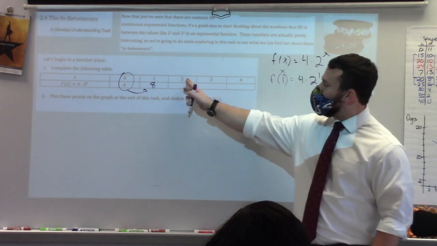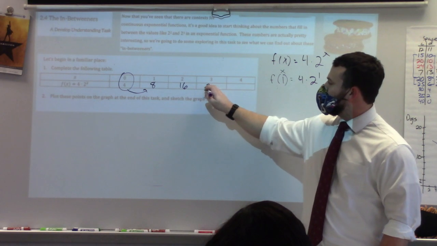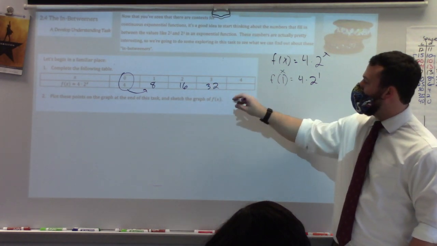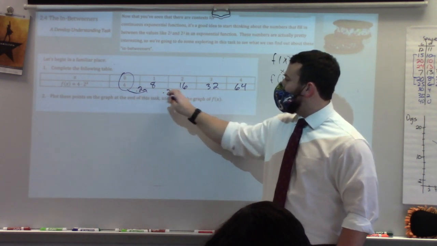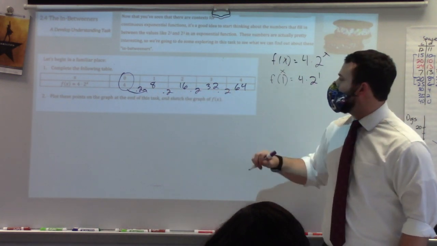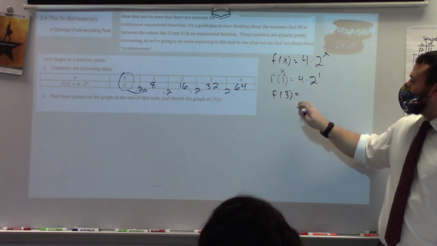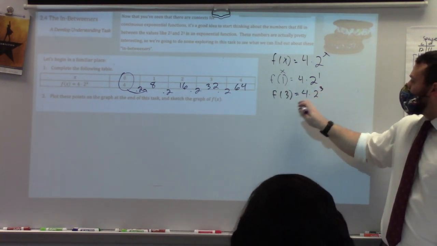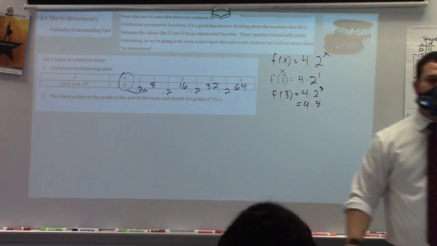So what's f of 2 going to be? 16. f of 3? 32. f of 4? So we should see this idea of repeatedly multiplying by 2. And again, you can check it by plugging your 3 in. That'd be 4 times 8. 4 times 8 is 32.